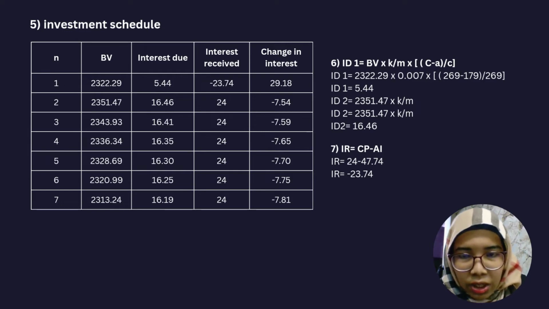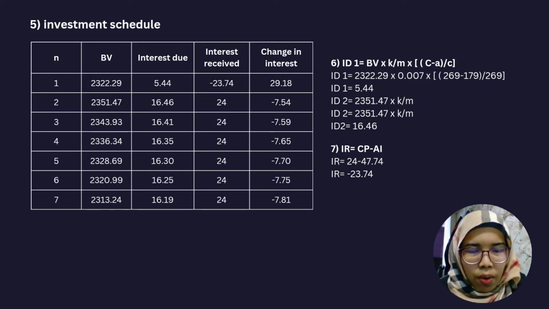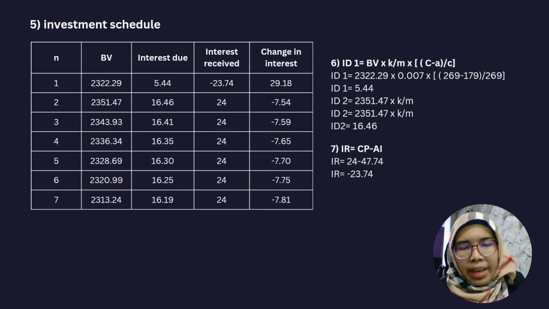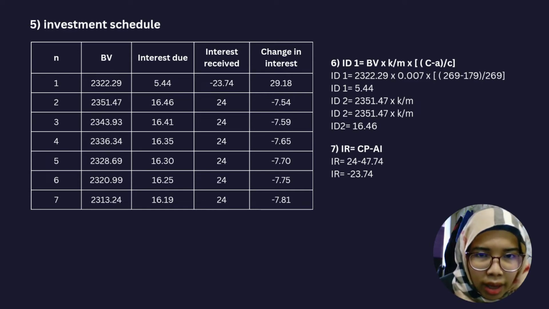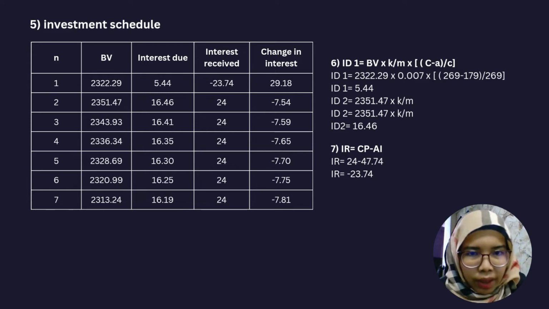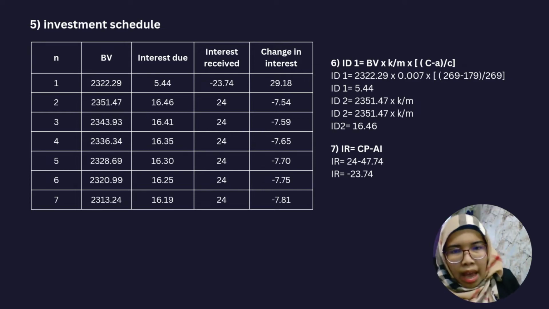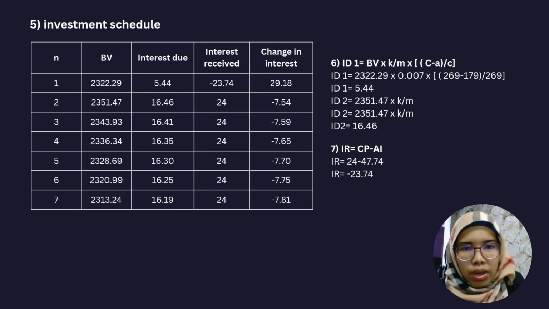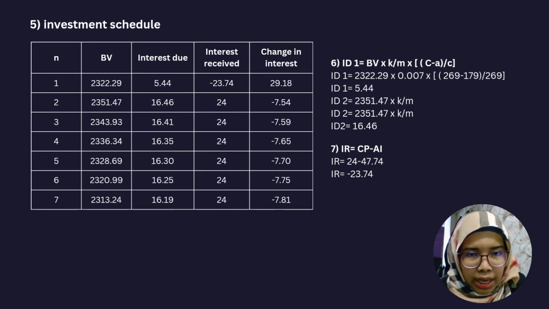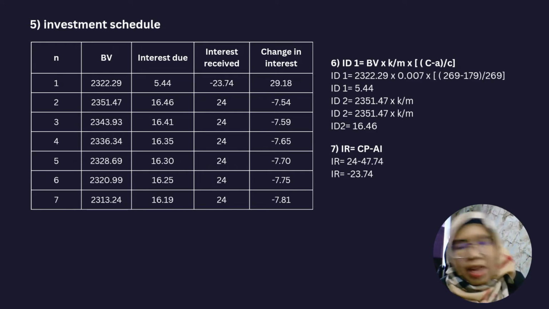So how to find the interest due for BV1? Interest due for BV1 is equal to BV, book value, times K per M times C minus A divided by C. And then for interest due for BV2, you need to use the BV2 value times K per M. And for interest received, for IR1, you need CP, coupon payment, minus accrued interest.